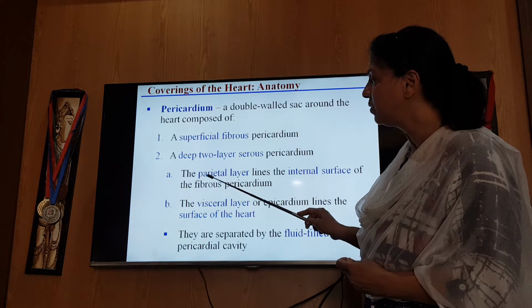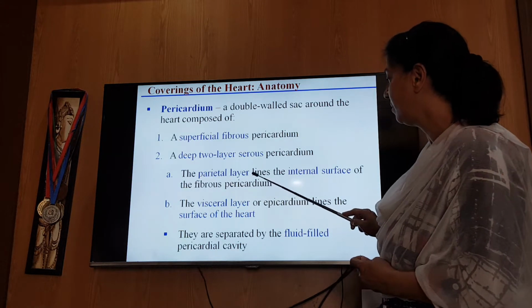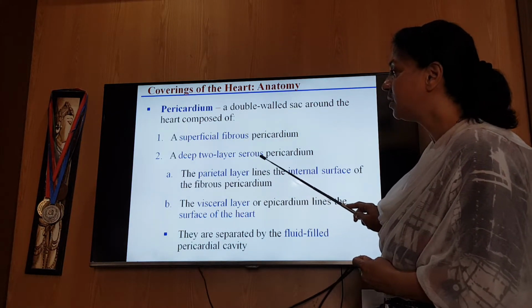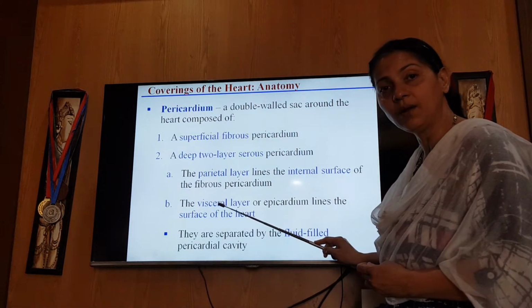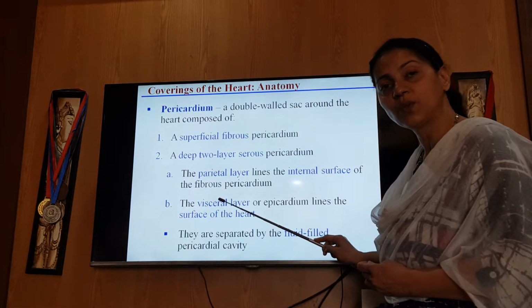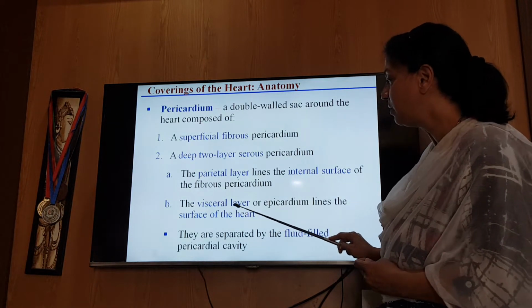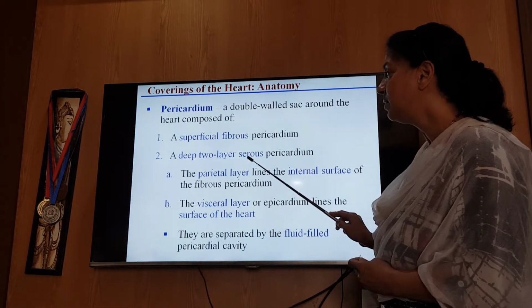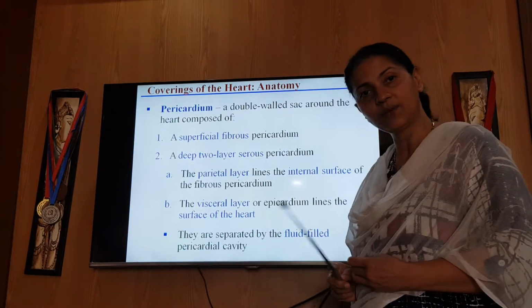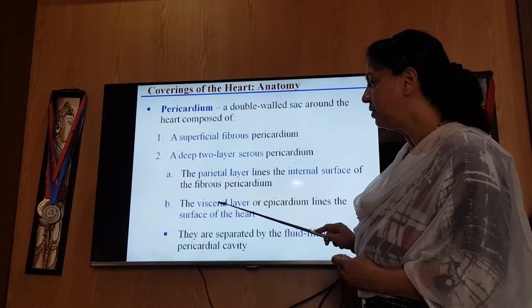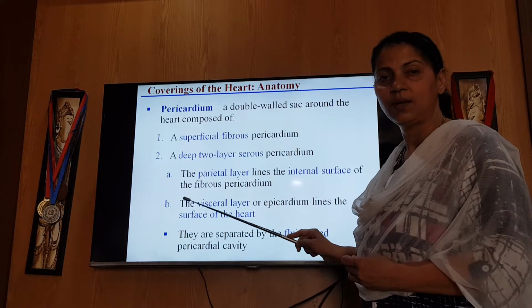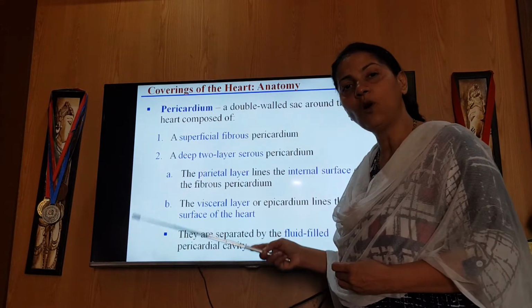So the outer one is called the parietal layer of serous pericardium, and the inner one, the layer of pericardium which is closer to the heart, is called the visceral layer of serous pericardium. Is this clear? And because it has two layers, the visceral layer also forms the outer wall of the heart.